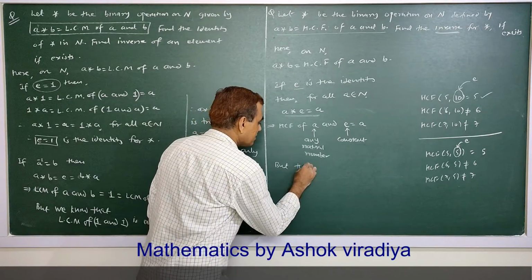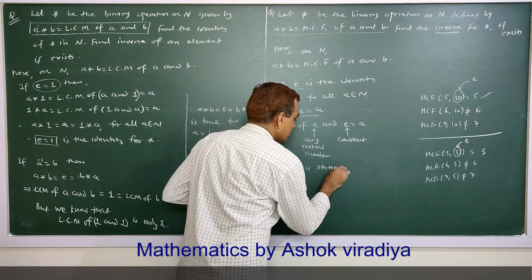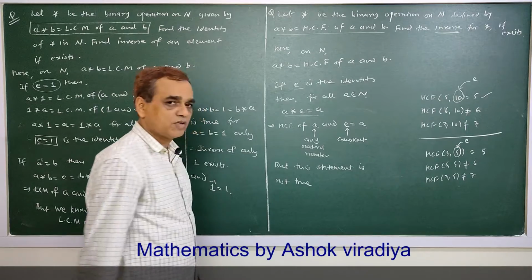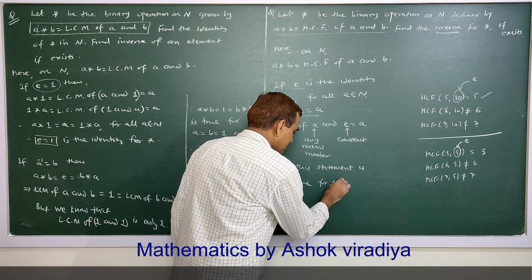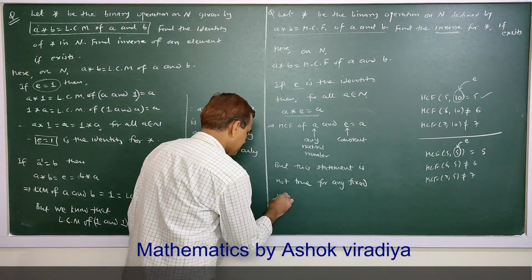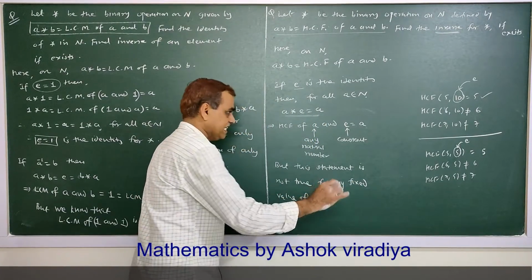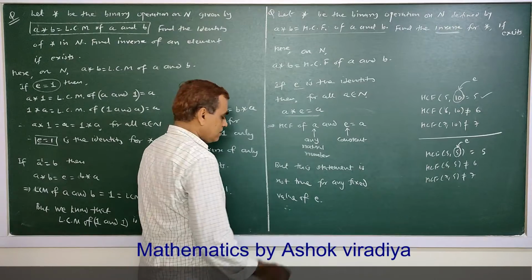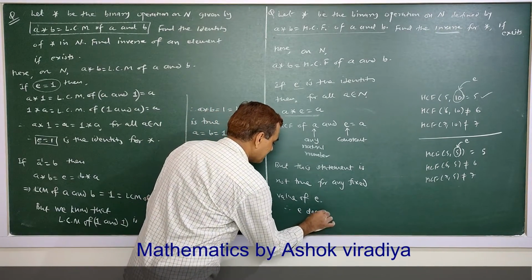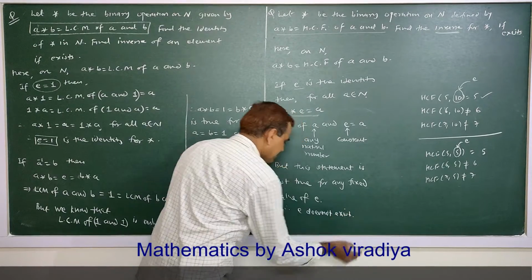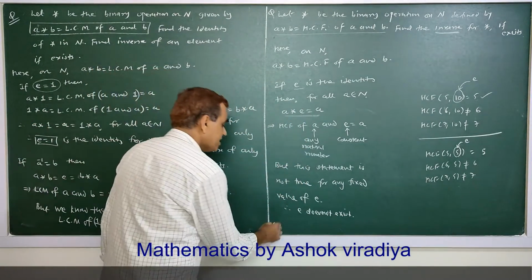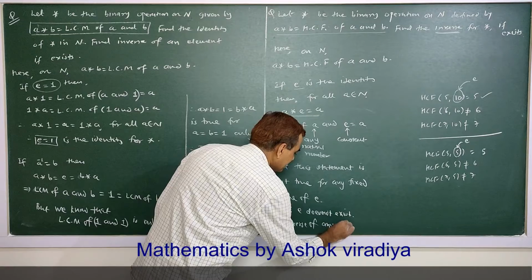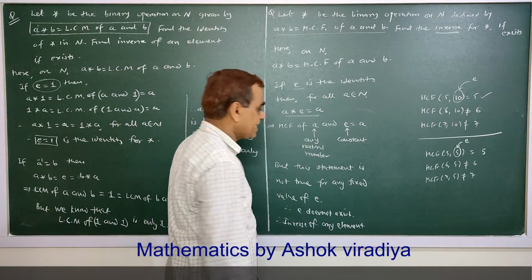This statement is not true for any fixed value of E. So therefore E does not exist, and if identity does not exist, that means inverse of any element does not exist.